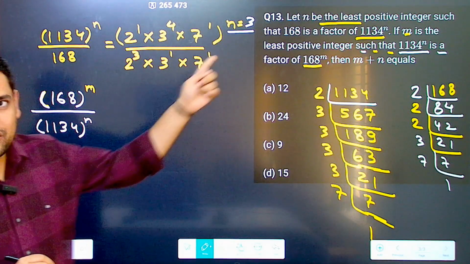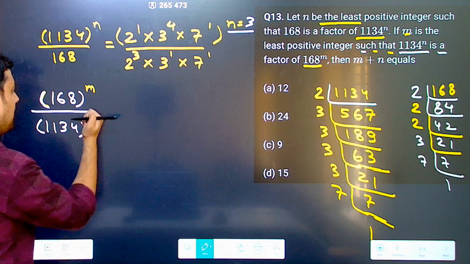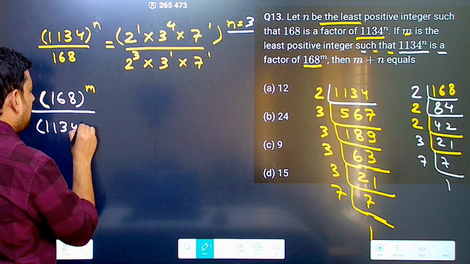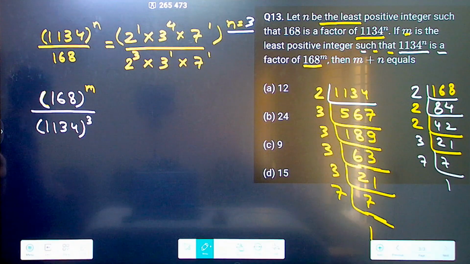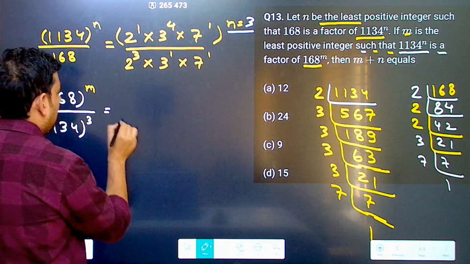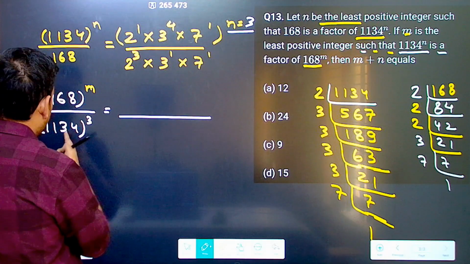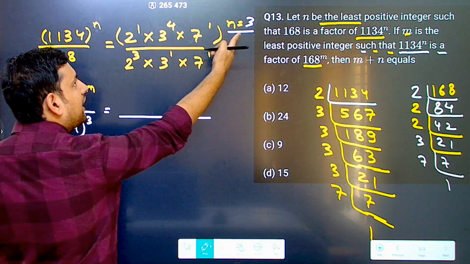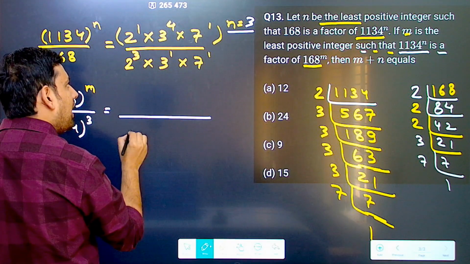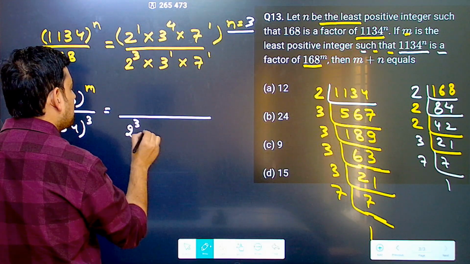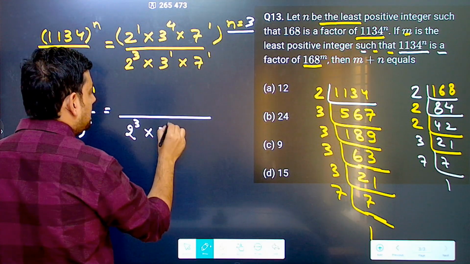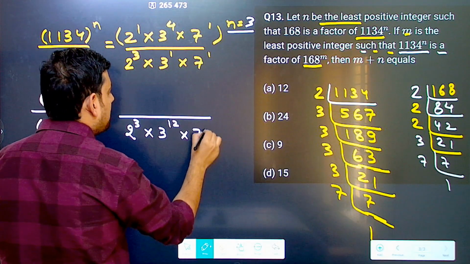But the n value I have already found. What is the value of n? The n value is actually 3. Correct? Now, so I write it here. 1134 power n, where n is equal to 3. So I raise it to power 3. So this becomes 2 power 3 into 3 power 12, then 7 power 3.